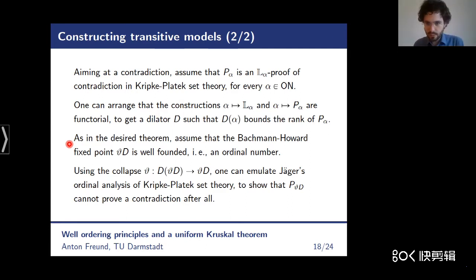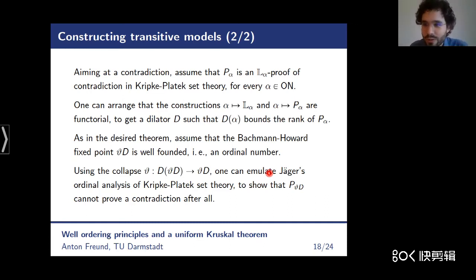A bit more specifically, we know that this Bachmann-Howard fixed point comes with such a collapsing function. And this type of collapsing function is precisely what you need in the ordinal analysis of Kripke-Platek set theory, which is due to Gerhard Jäger. So using this collapse, you can emulate this traditional ordinal analysis in our somewhat more abstract setting.